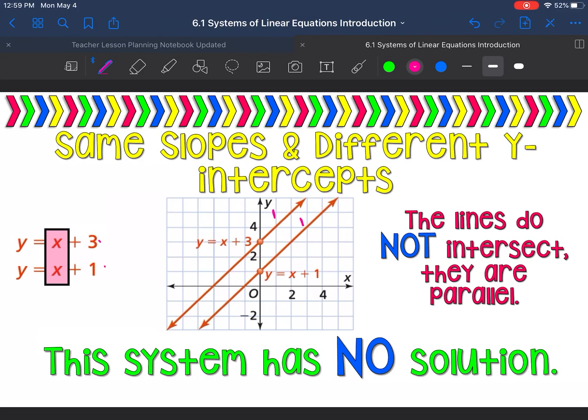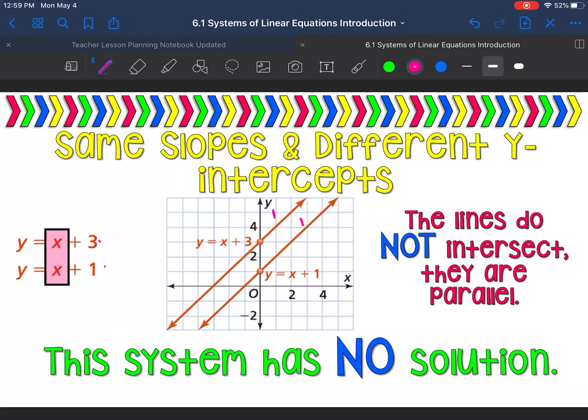They are different. Since they have the same slope but different y-intercepts, the lines are not going to intersect. They're parallel lines. So for all of eternity, these two lines will not intersect. Since these two lines aren't going to intersect, that means they have no solutions.